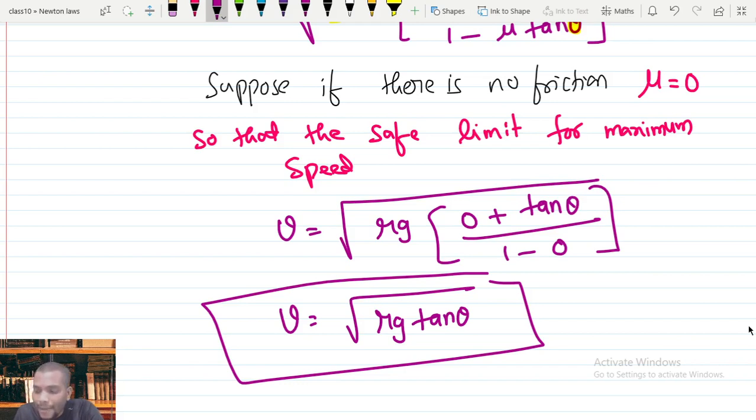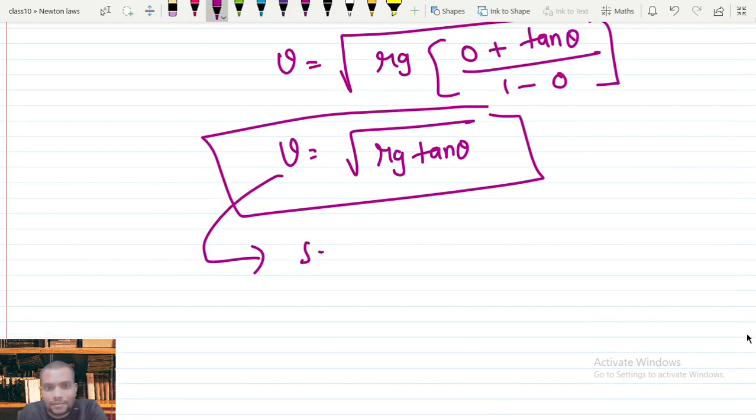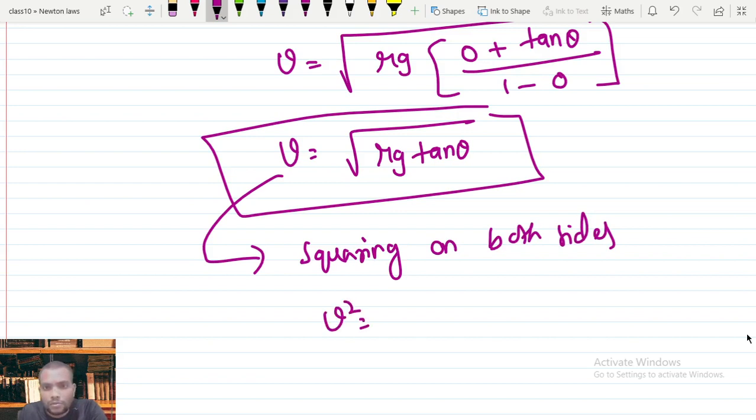Now the angle of banking theta for minimum wear and tear of tires. So what is the minimum angle of banking in this case? If I square both sides, v square equals rg tan theta.